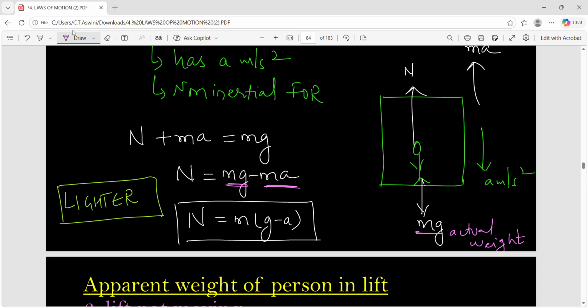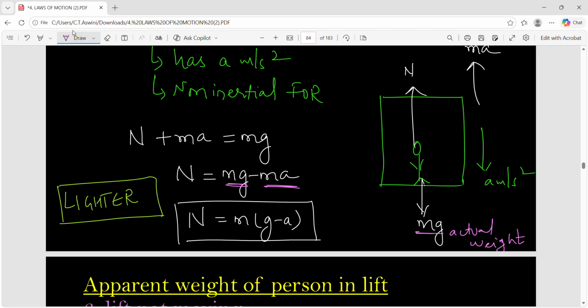So what you have to understand is, when you are in inertial frame of reference, you will feel your actual weight. But whenever you are in non-inertial frame of reference, you will not feel your own weight. Either you will feel heavier or you will feel lighter. And that depends on how the frame of reference is moving.